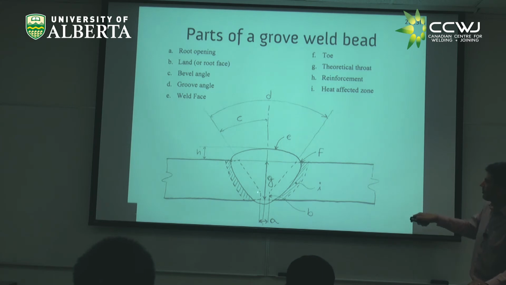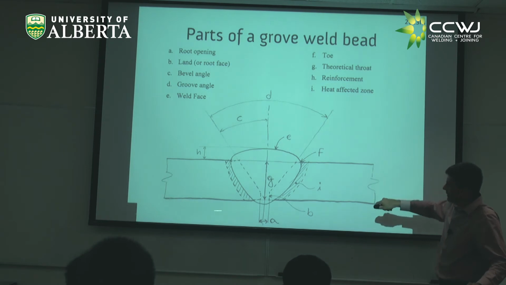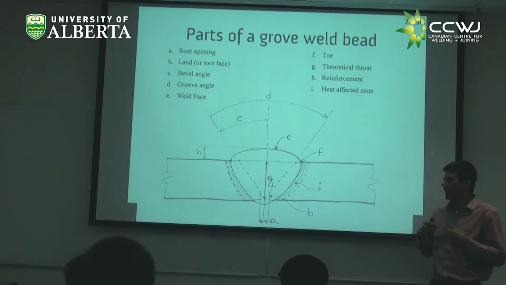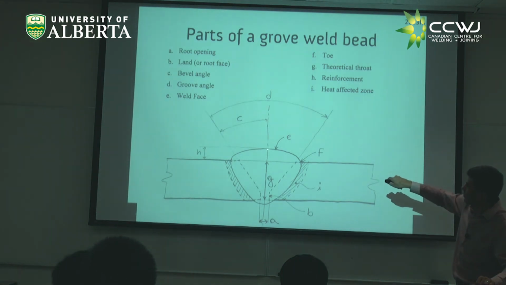Then you have something called a throat. It's very anthropomorphic. Huh? The throat is the area through which the weld would have to resist the strength, right? And in this case, the throat could be from here to here. This would be the actual throat, which I haven't marked.